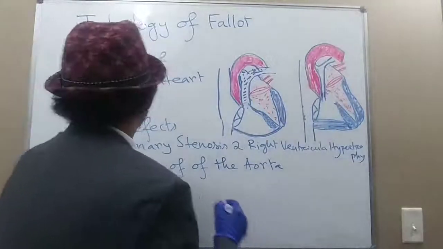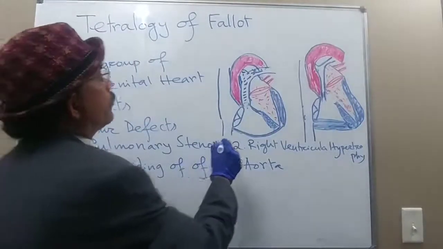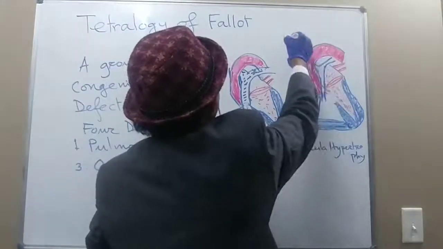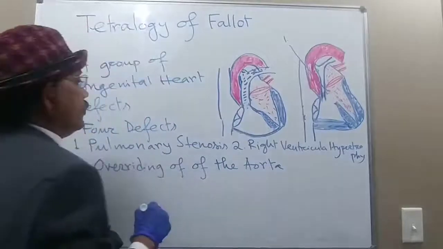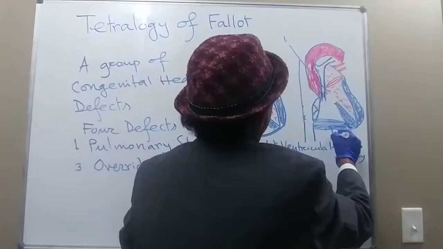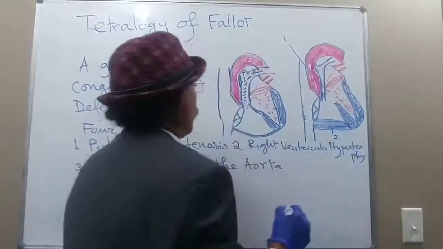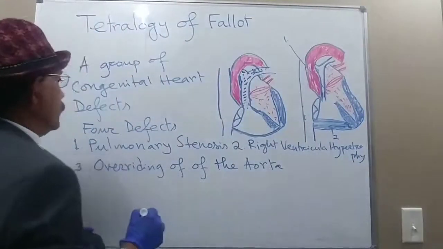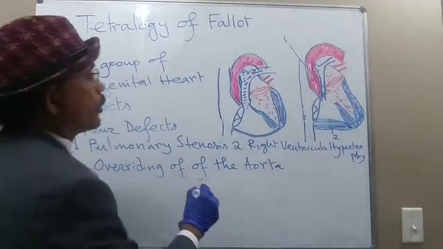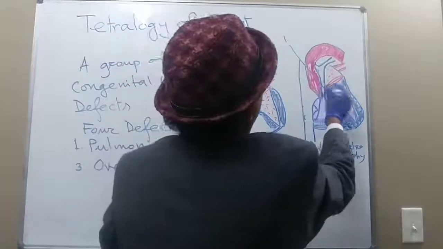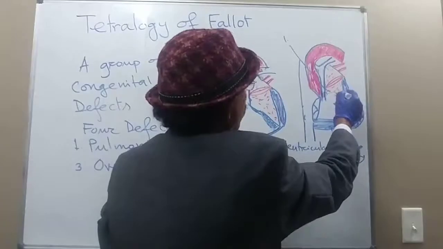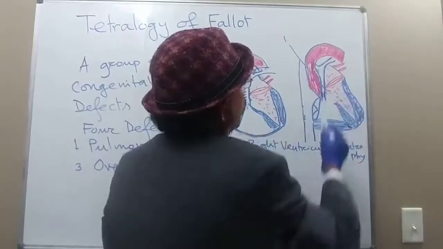We have the pulmonary stenosis. Here is the pulmonary stenosis, number 1. Number 2 is the right ventricular hypertrophy. Then we'll get overriding of the aorta. This aorta gets blood from both the left ventricle and right ventricle.